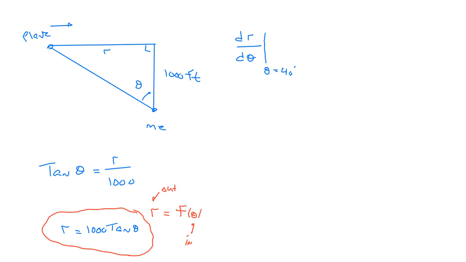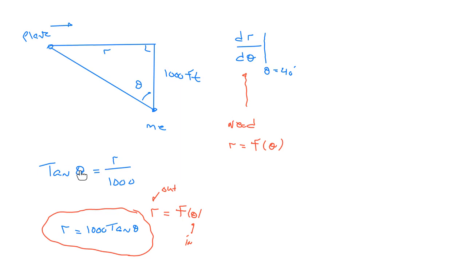So I say all that to say that to find the derivative dr over d theta, I need R to be a function of theta. I need to look at this picture and think of all the math I've learned and get some equation where if I plug in theta, the angle, it will calculate R, this opposite side.